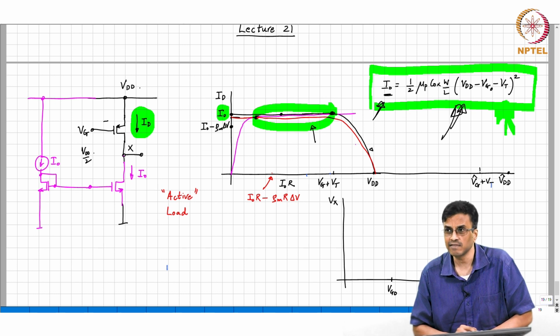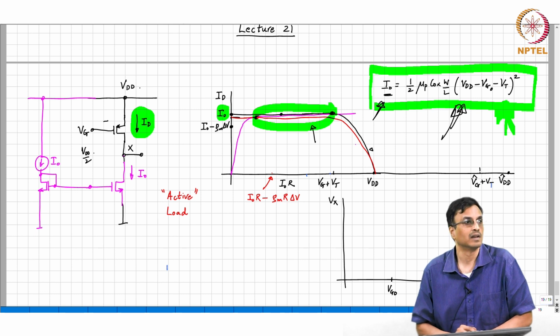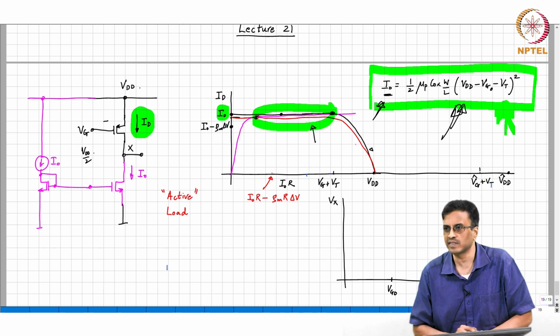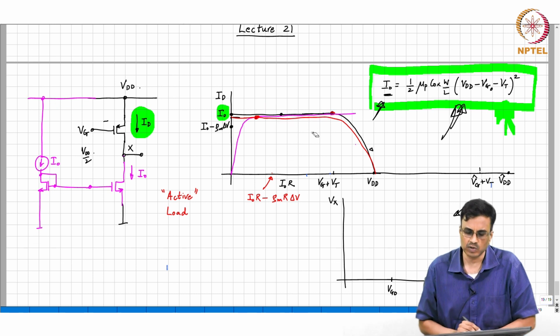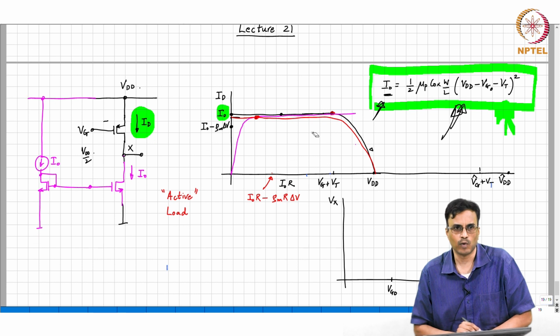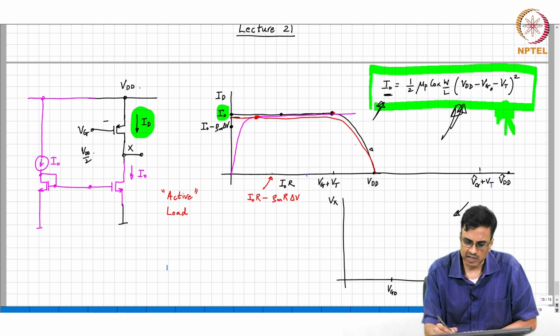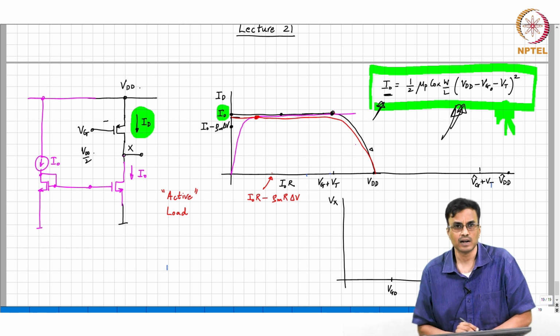Why is it negative? Looking at the picture, why is it negative? In this picture, what corresponds to the sign of the incremental gain? Originally, the operating point was here.